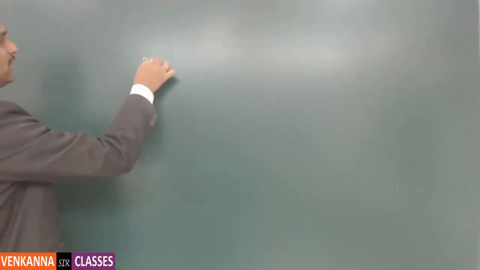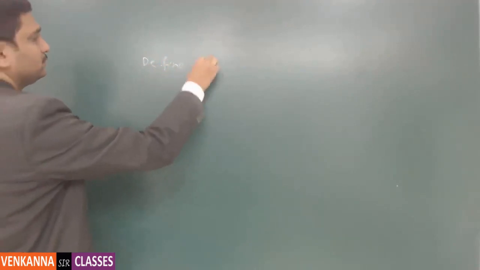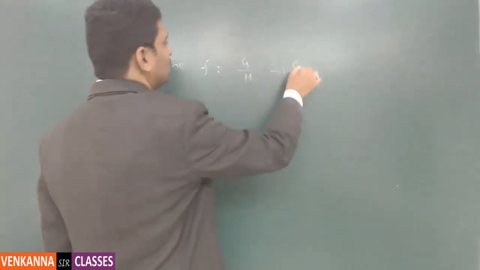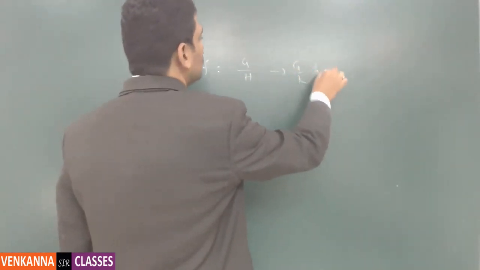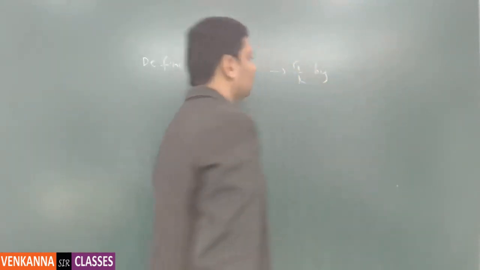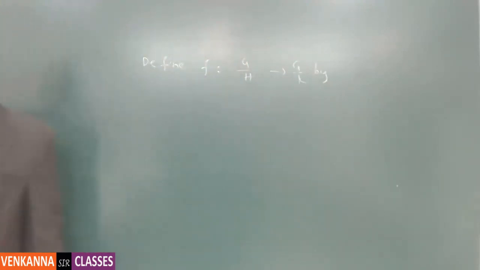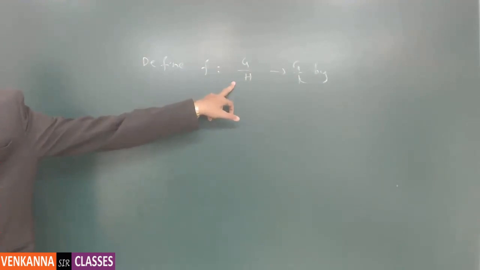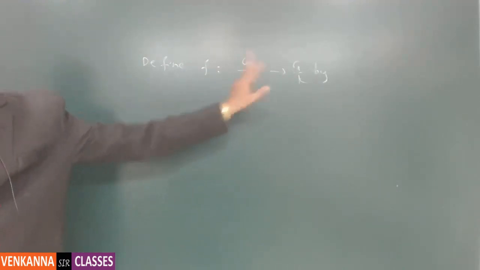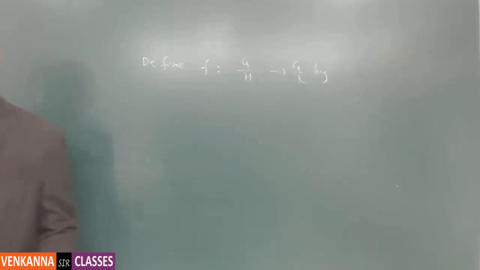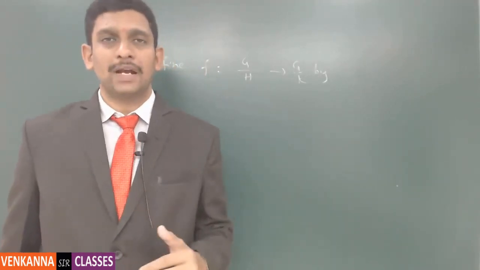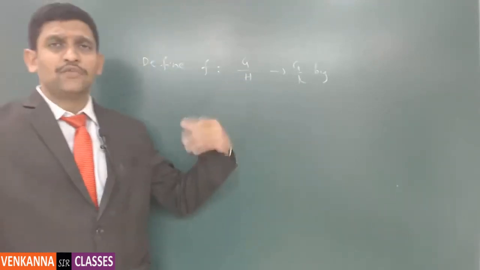So in the first phase, I am going to define the function f from G/H to G/K. Now understand, this is a quotient group. It is also a quotient group. In a quotient group, how would the elements pattern be?